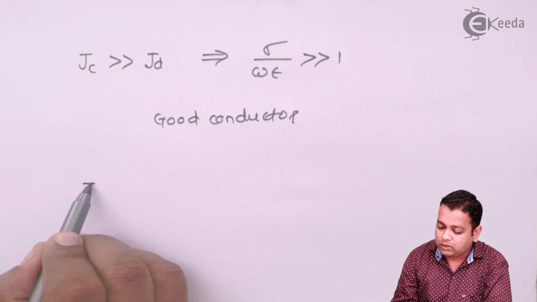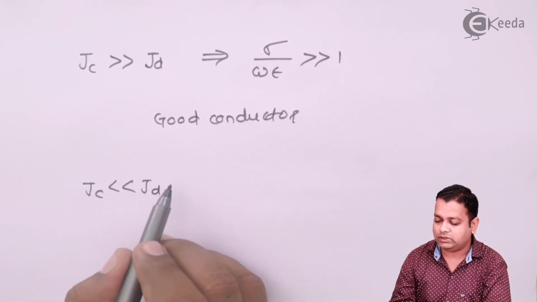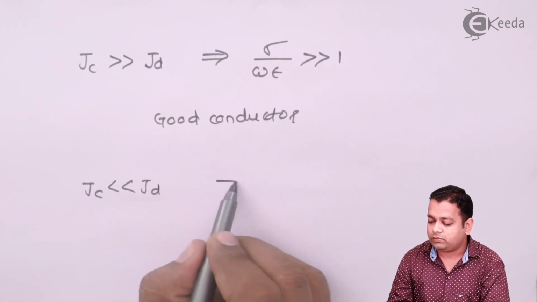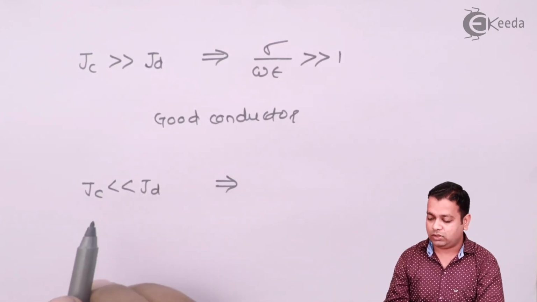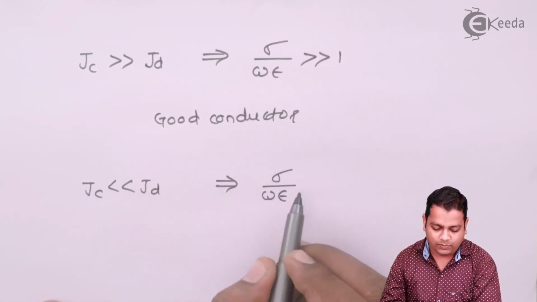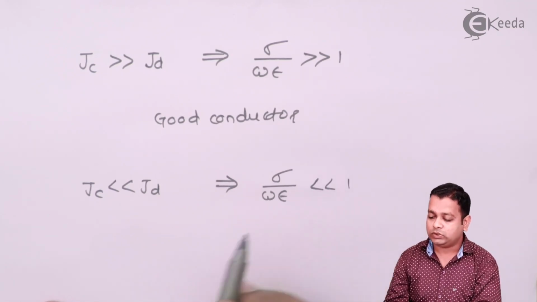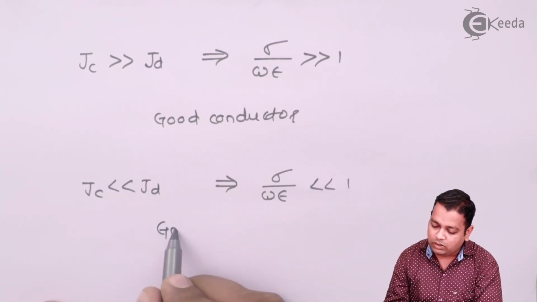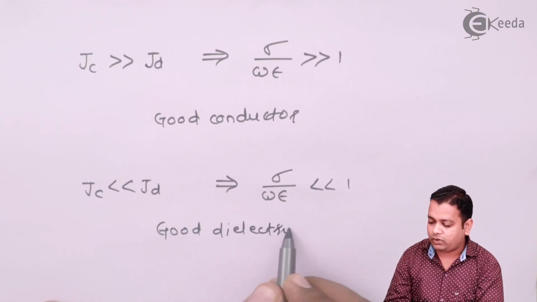Now if we take the reverse case, JC very much less than JD, it means the displacement current is very much higher with respect to the conduction current. So this implies the ratio sigma upon omega epsilon holds a value very much less than 1. So this time we shall call the material a good dielectric medium.